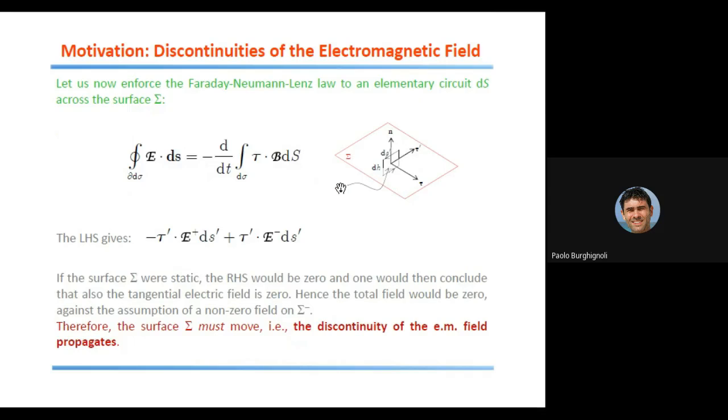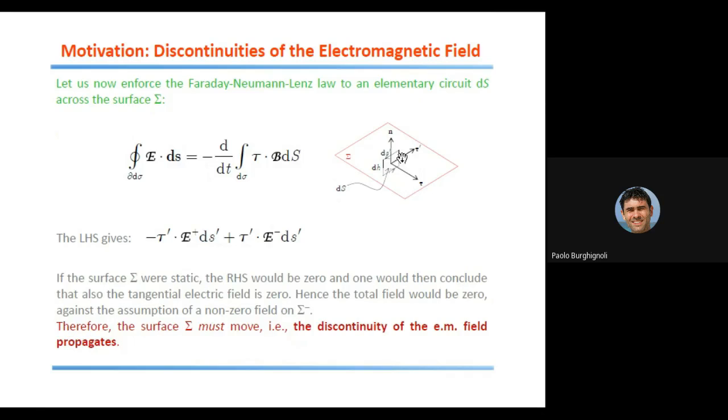So the left-hand side is easy to see: since the vertical parts of this rectangle can be neglected, their contribution can be neglected with respect to the horizontal parts, then the contribution of the line integral at the left-hand side comes from the upper and lower segments, and therefore you get minus tau prime dot E plus times the length of the upper segment, dS prime, whereas on the lower side we have plus tau prime.